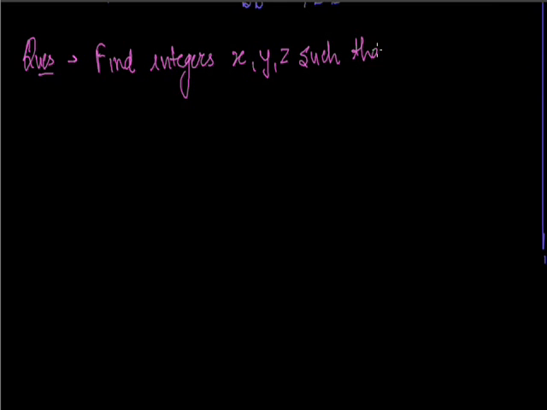Question given is, find integers x, y, z such that it is given two equations, that is x squared z plus y squared z plus 4xy equal to 40.